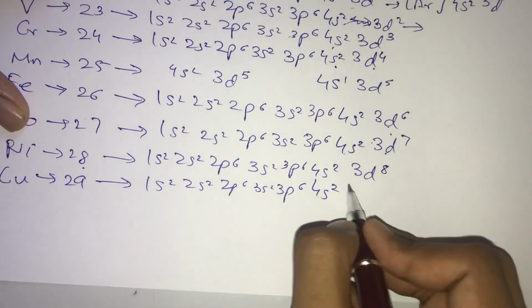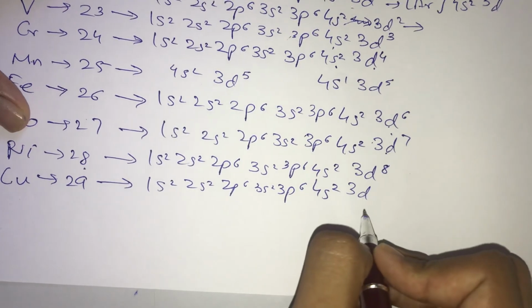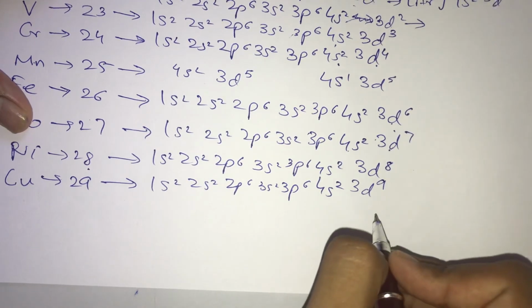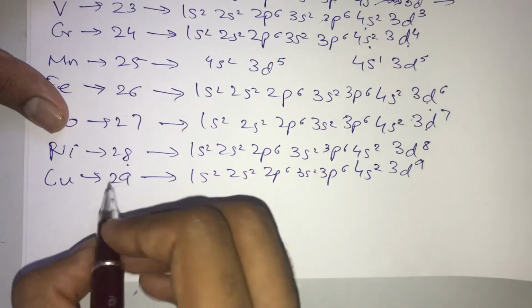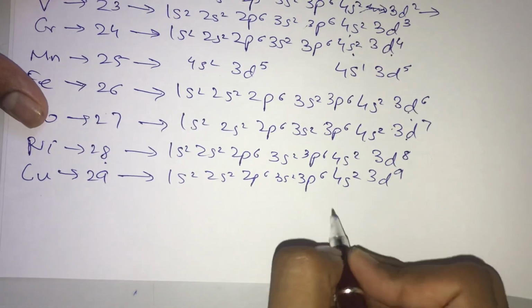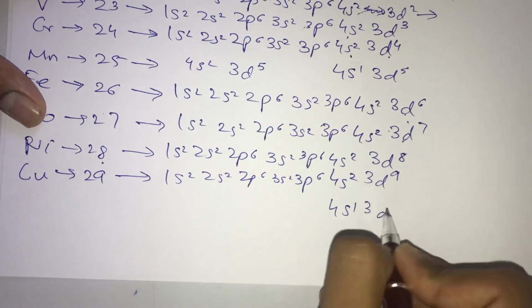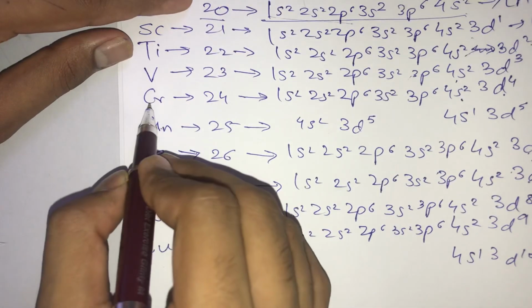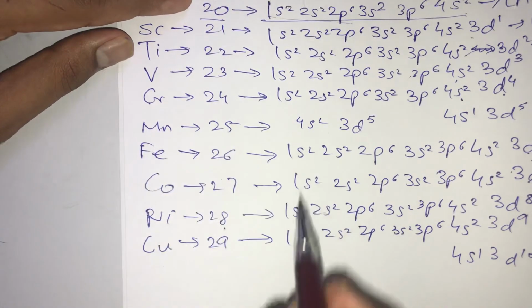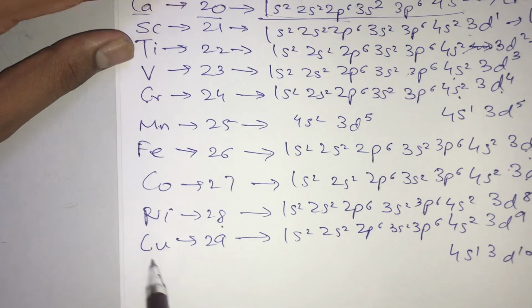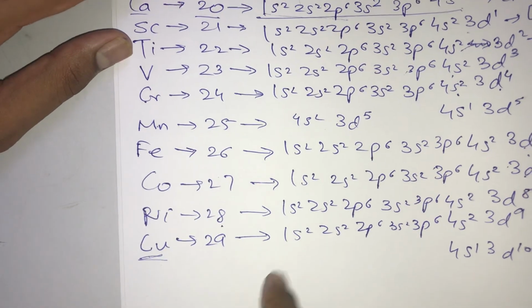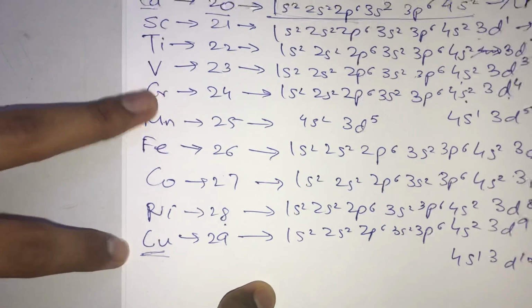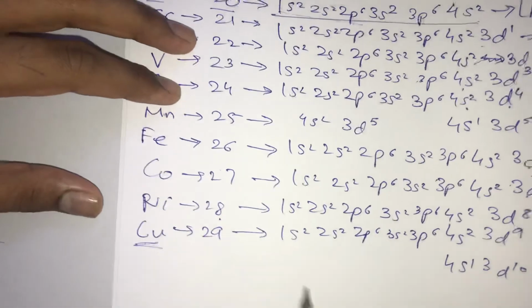And after 4s2 comes your 3d, which can take a maximum of 10 electrons, but we have only 9 electrons left, therefore you are going to write 3d9. Now here, in the case of copper, instead of getting 4s2 3d9, we get 4s1 3d10. Again, where I have explained the chromium anomalous behavior, there I have also explained the anomalous behavior of copper. So you can get to know the anomalous behavior of both these elements in that single video.